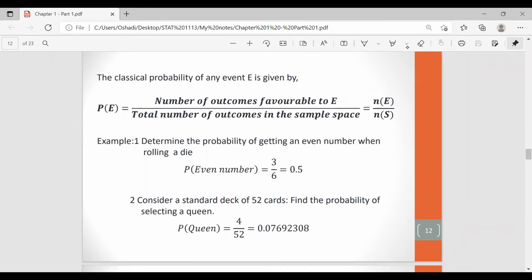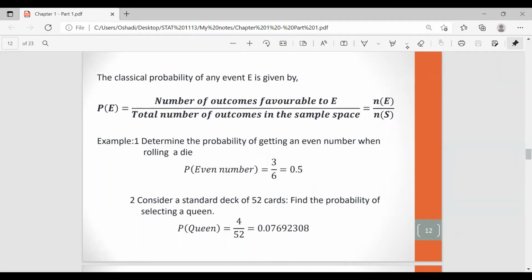So there are 3 chances, and it should be divided by the total number of outcomes in the sample space. So we know in the sample space there are 6 outcomes. So 3 over 6, it's 0.5. So that is the classical probability of getting an even number when rolling a die.